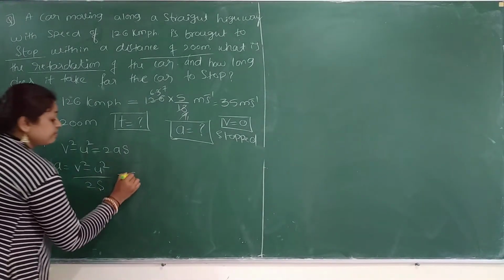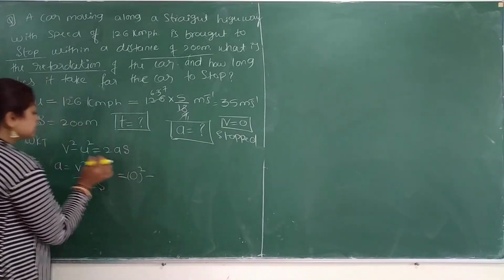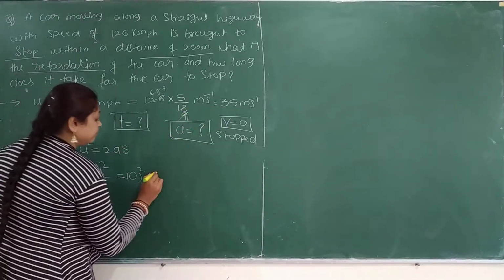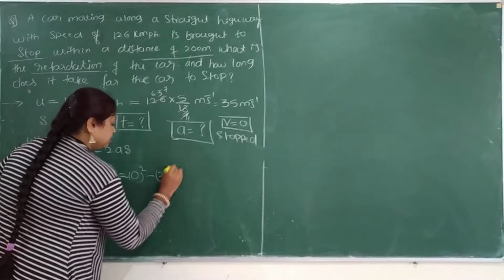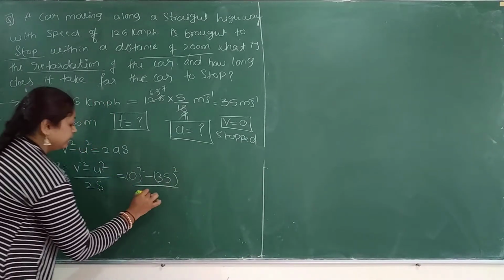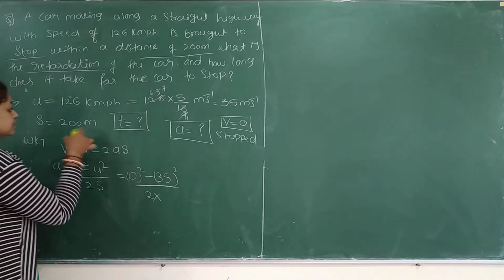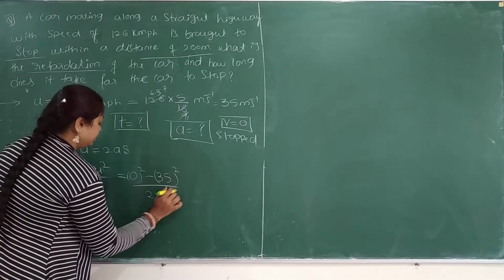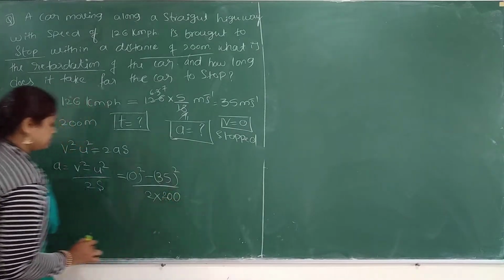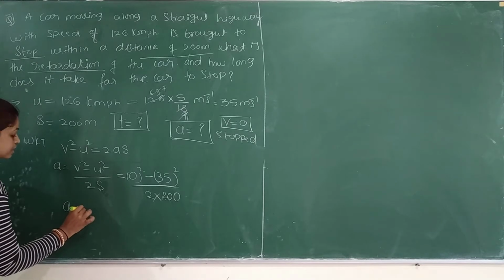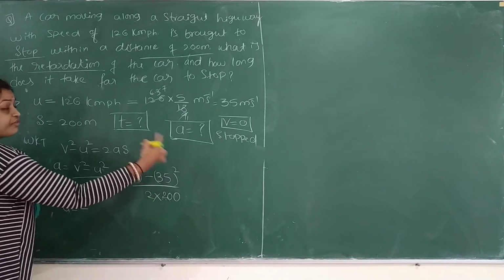Final velocity is 0 square minus initial velocity, 35 square, divided by 2 into distance, which is 200. Now retardation is equal to minus 35 into 35.